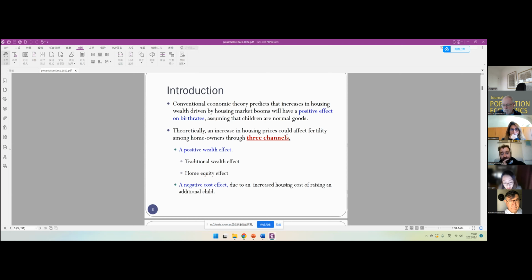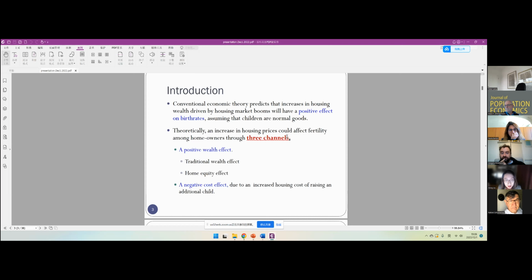There are 2 types of positive wealth effects. One is the traditional wealth effect: house value appreciation could increase the total value of household resources in the long run. The second is the home equity effect: credit constrained homeowners can borrow against their increased home equity to fund childbearing.